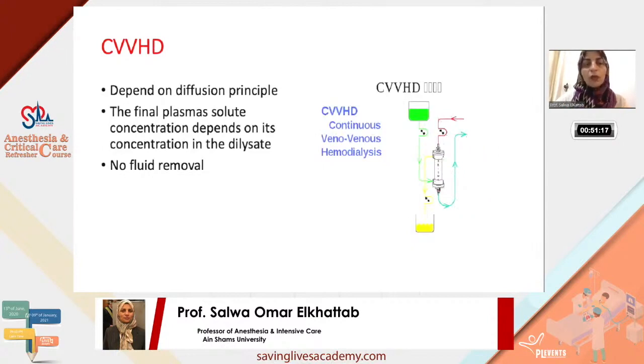If we are going to dialysis, you have to put dialysate. Dialysate is the fluid containing a lower concentration of some electrolytes, and zero, of course, of urea and creatinine. It depends on the diffusion principle. Dialysate will pass through the filter in the reverse direction of the blood.